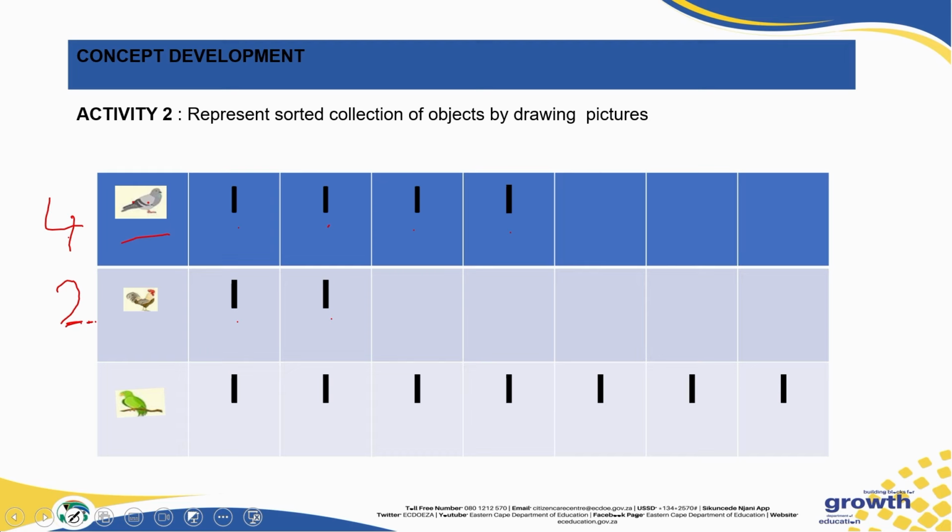Remember, grade ones, we said on that first slide that the data that we have collected is the data of birds: pigeons, roosters, and parrots. We have collected 4 pigeons and we showed the number of pigeons in a form of number. We moved from the numbers to the pictures, drawings, which we showed by lines. And also we had 2 roosters.